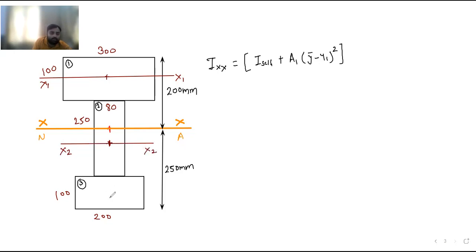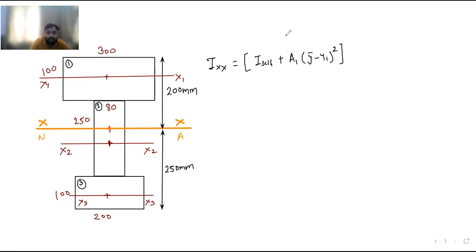Now similarly for the third figure, the CG of this third figure may be somewhere here. And I will draw the axis. This is the x3. Okay, so these are the axes.